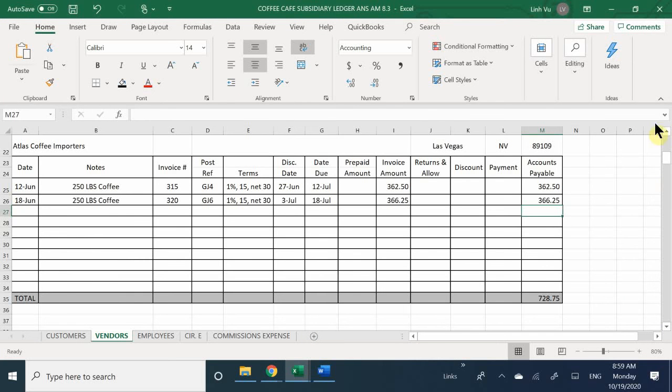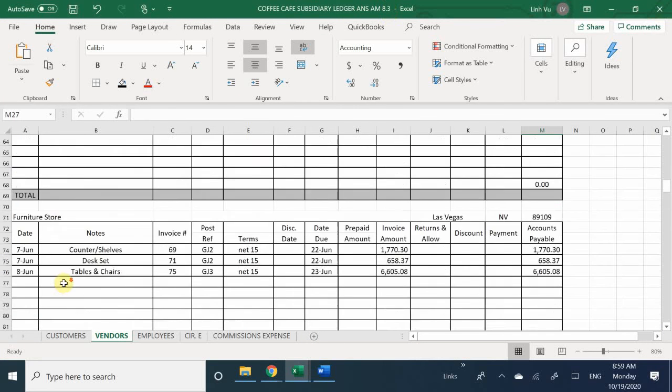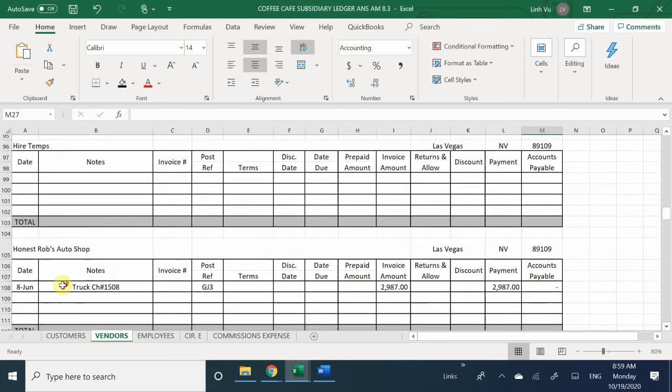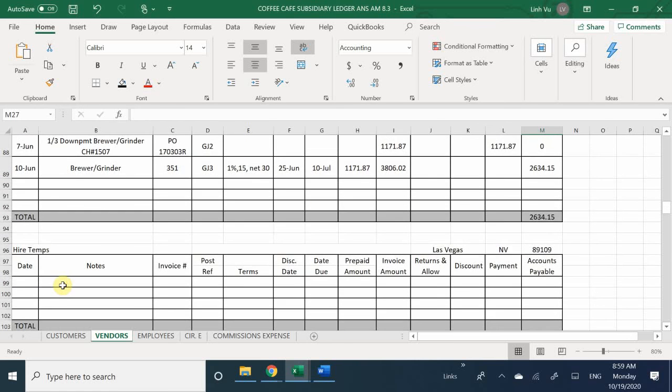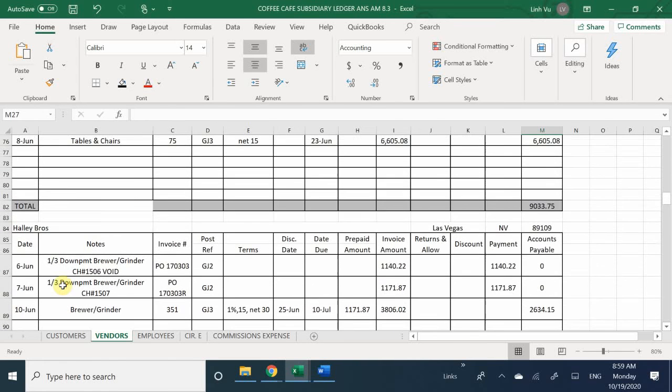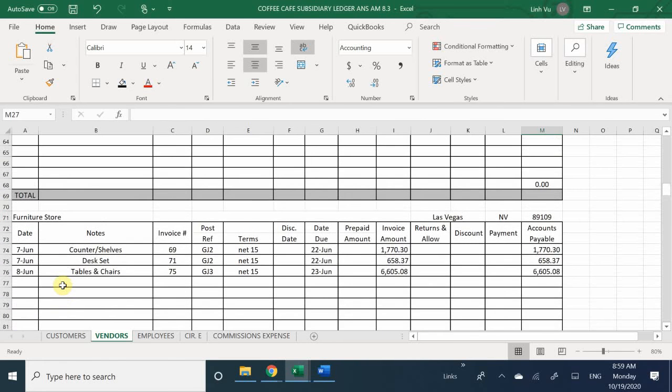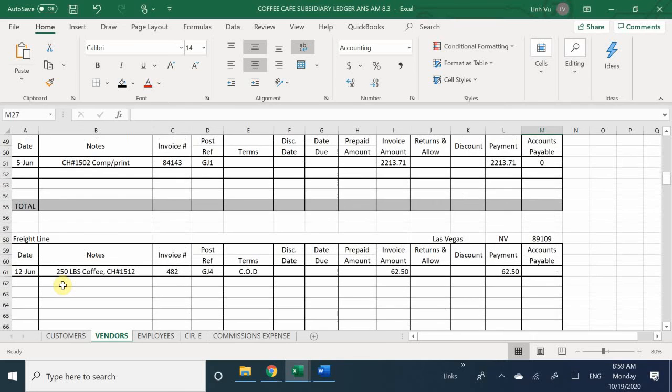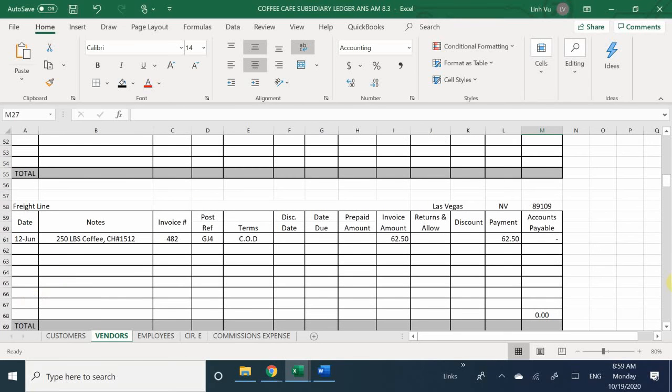Okay, so we're gonna go to freight line. Here's freight line. Okay, so how do I fill this out? Total 350 pounds.